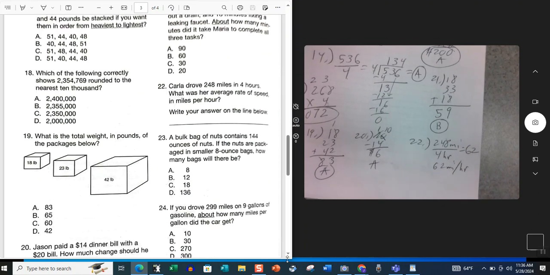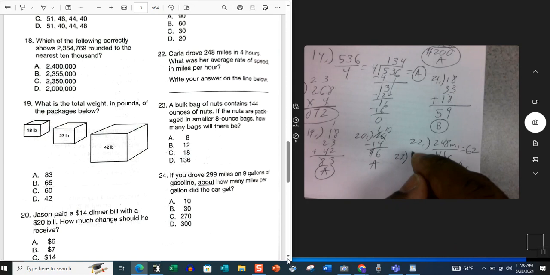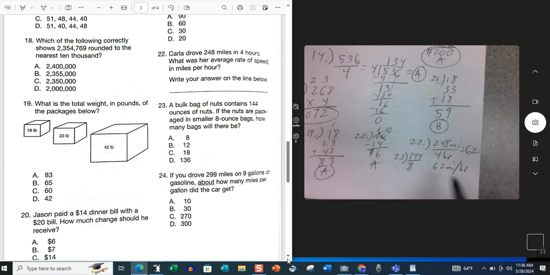All right, so for problem 23, a bulk bag of nuts contains 144 ounces of nuts. If the nuts are packaged in smaller 8-ounce bags, how many bags will there be? So for problem 23, we would do 144 divided by 8 to determine how many bags we have.